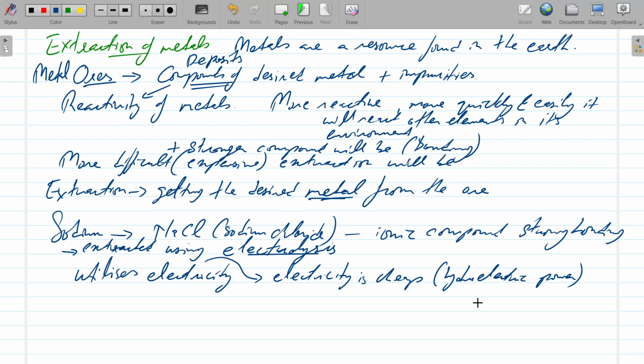Then other metals. The ores of other metals are mixed with carbonates or oxides or sulfides, and other impurities.